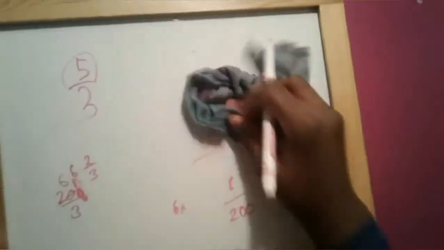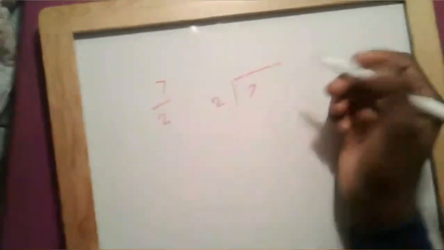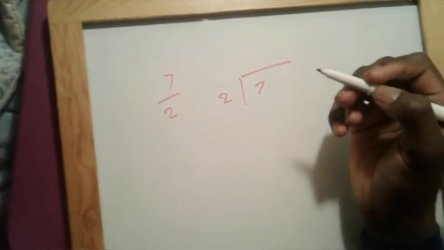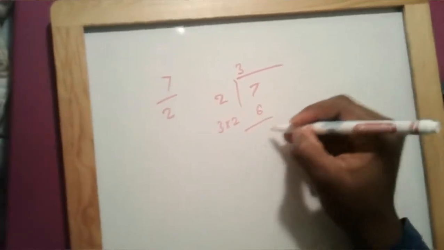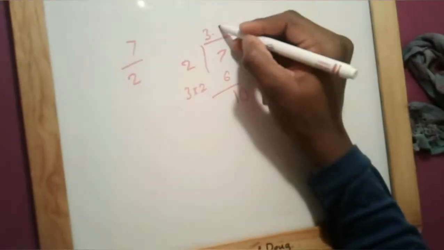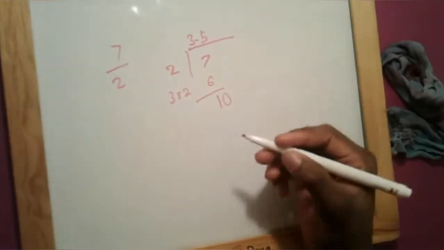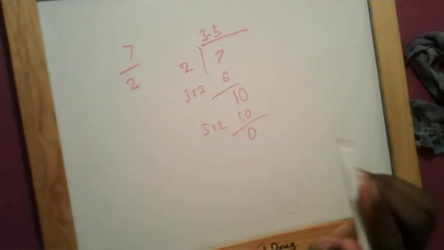So mathematics, long division can be hard, but you can figure it out. Let me do a simple one that you can understand well, and it's not repeating. So it can be 7 over 2. How many 2s are in 7? There are 3. 3 times 2 is 6. So it will be 1 and a point, and then you add a 0, and it will be 10. 5 times 2 is 10, and then 0. When you reach 0, you can't do anything more.